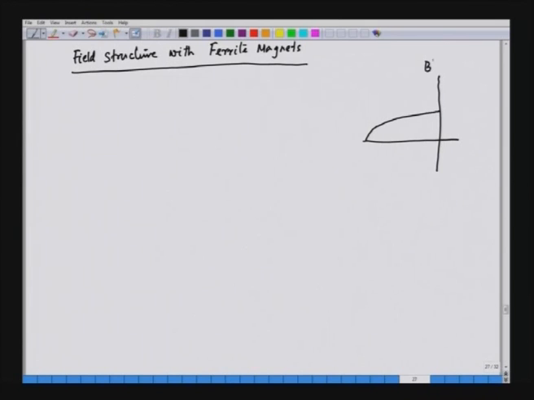So, this is the flux density in the y axis, and in the x axis we have H, and this is BR and this one is HC. Now, if we plot the BH product, it would be something like this. So, it means the BH product is maximum at an angle theta which is appreciably large. So, this is the BH maximum we have.